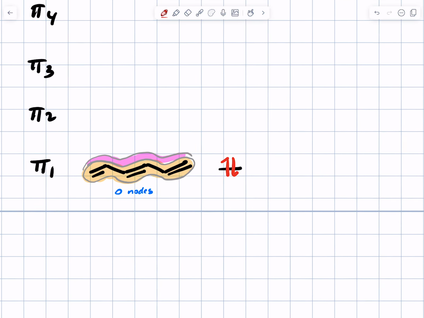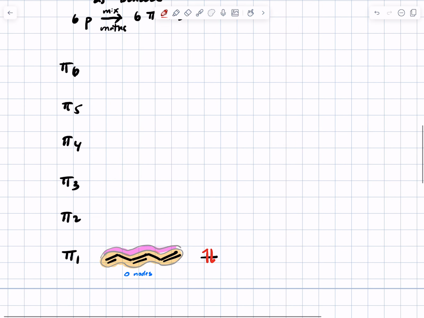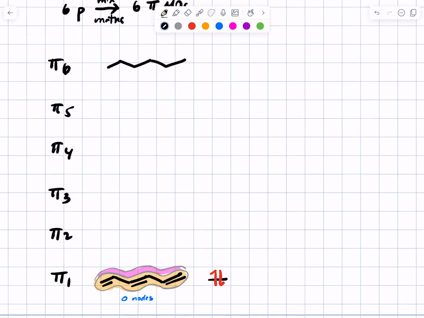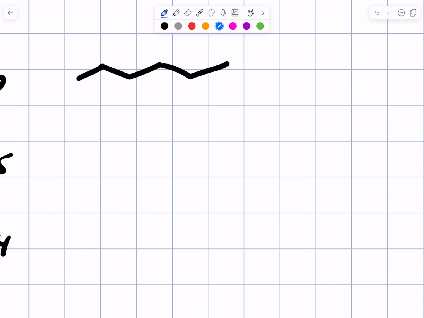Now, it turns out the highest energy one is pretty easy to draw as well. This is the one you draw when you have a change in wave function sign between each and every atom. So there will be a node in between 1 and 2, there will be a node in between 2 and 3, and so on. That is, the wave function sign changes in between all of the atoms. And this is kind of like our pi star.